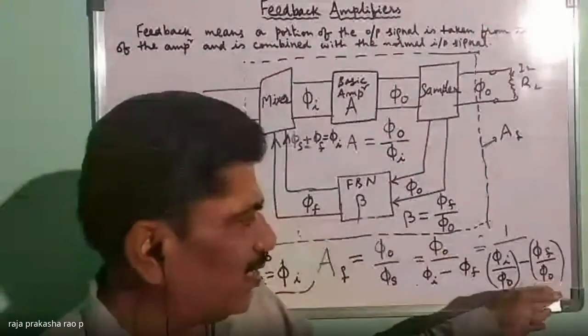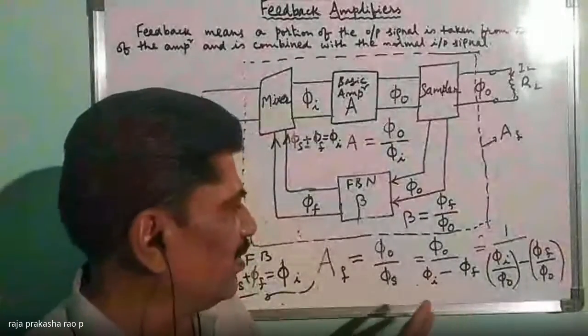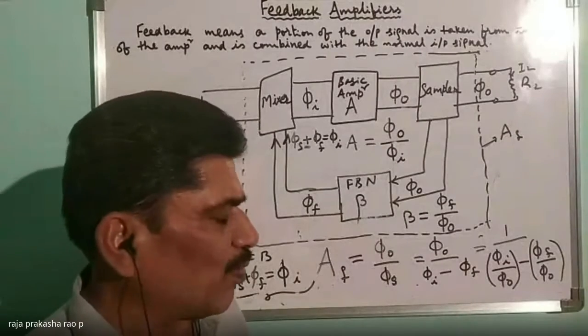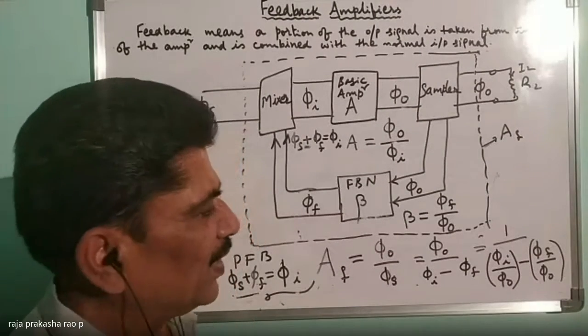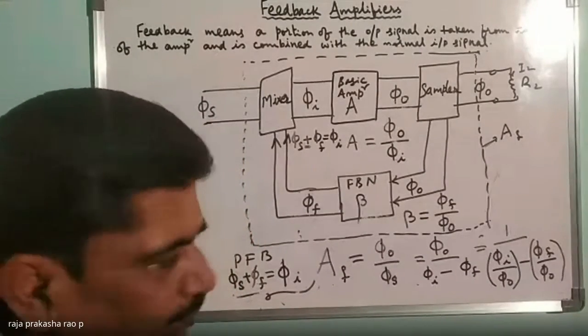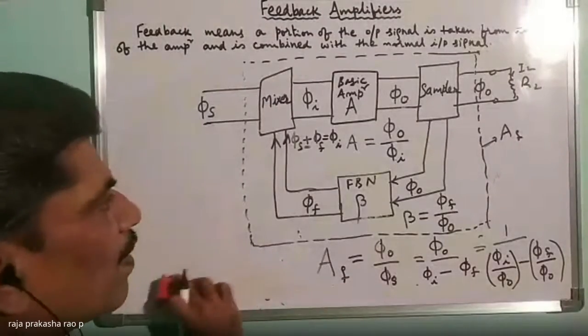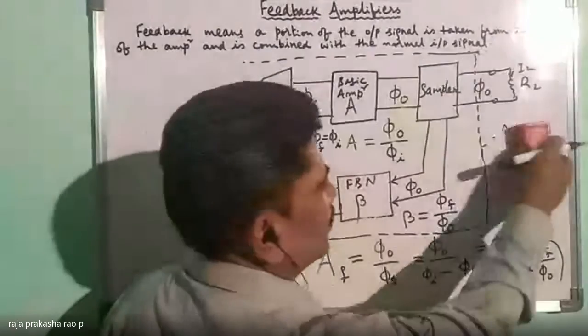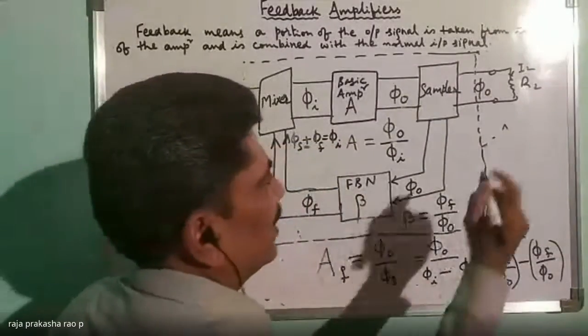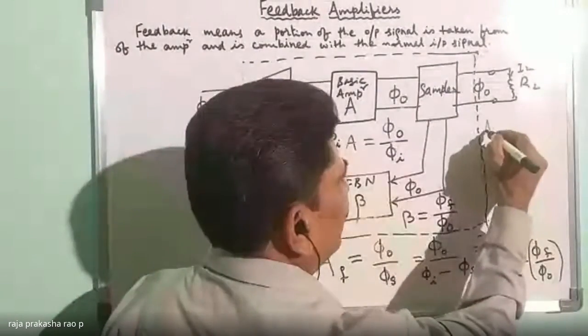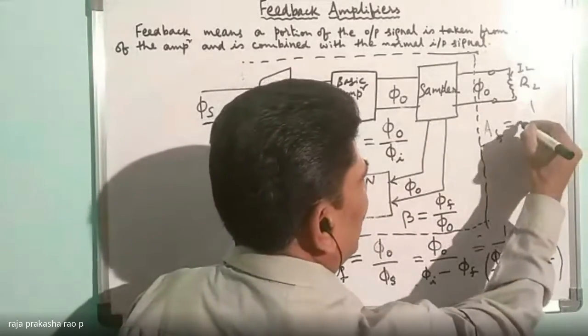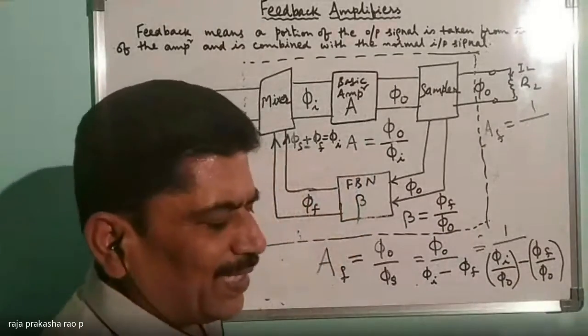Just substitute those values, then you will get that AF is equal to A by 1 minus A into beta. So substitute those values. Substitute here. So here AF equal to 1 by, what is this phi i by phi naught? Tell me.